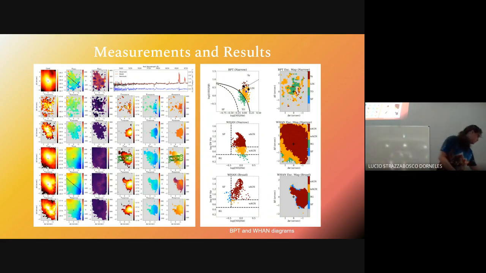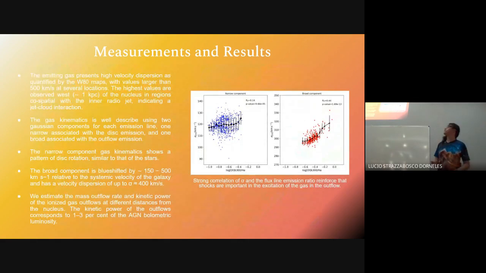And we also discovered that the emission of the O1 line is also due to shocks or gas collision. So we can actually correlate the sigma, the velocity dispersion of the broad component, to the flux ratios of the O1 line emission.